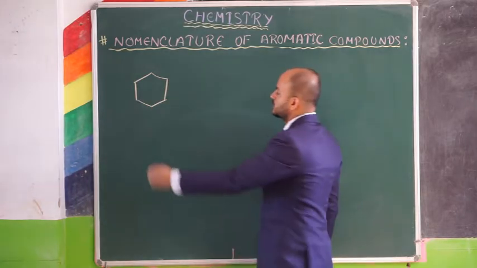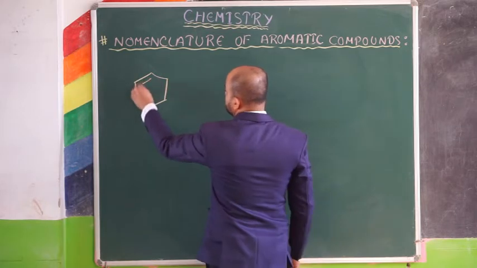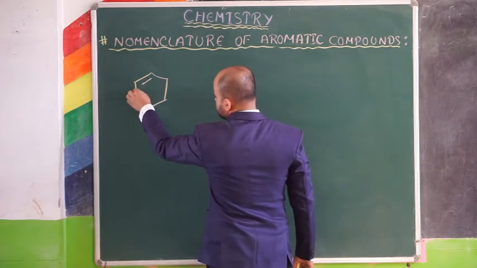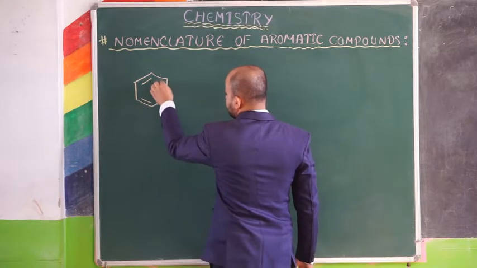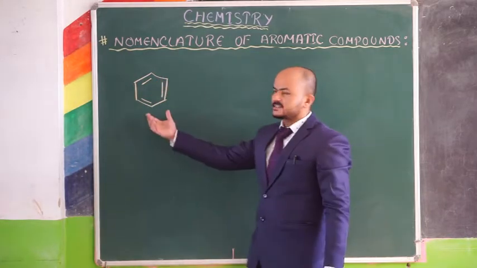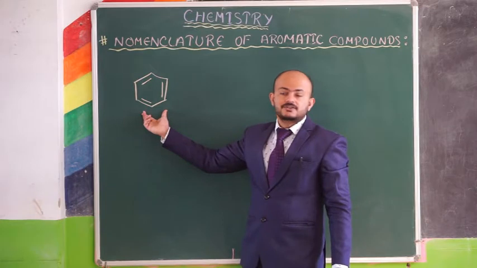So this is not a benzene ring. Whenever you have double bond, single bond, double bond, single bond and double bond, then this is the structure of benzene.